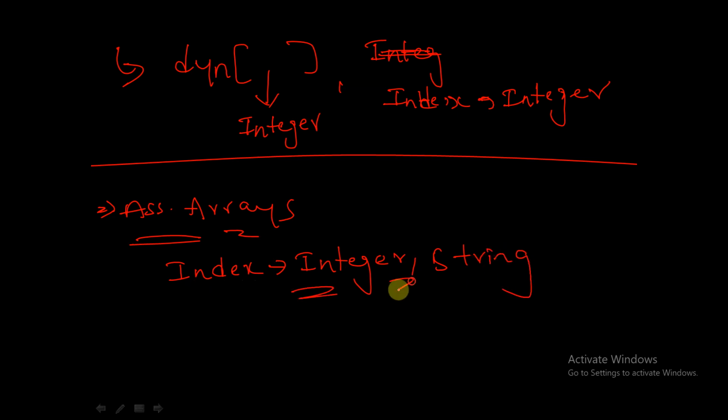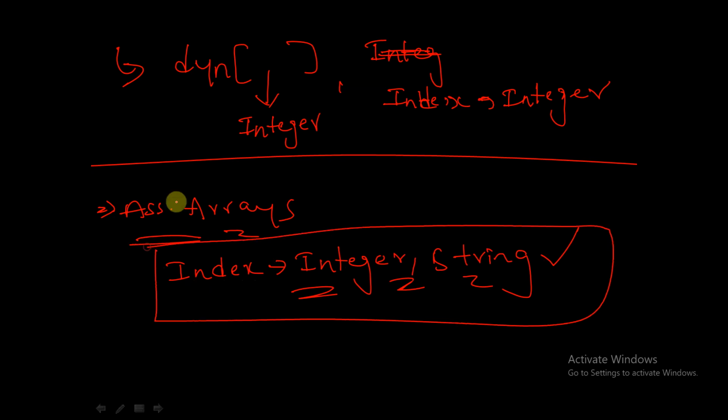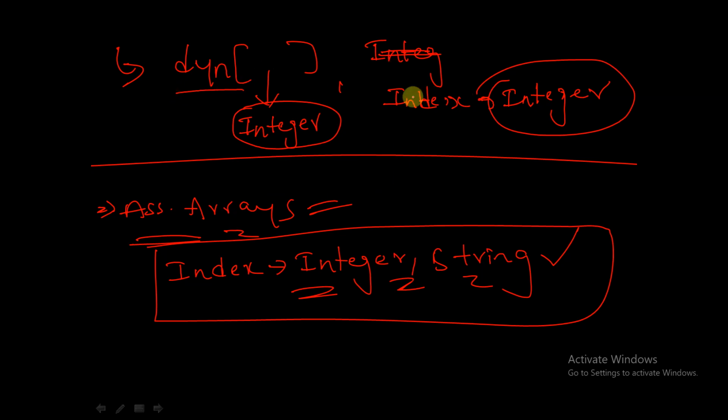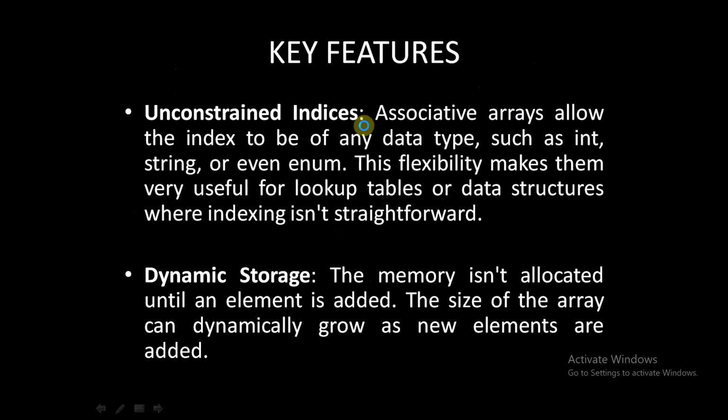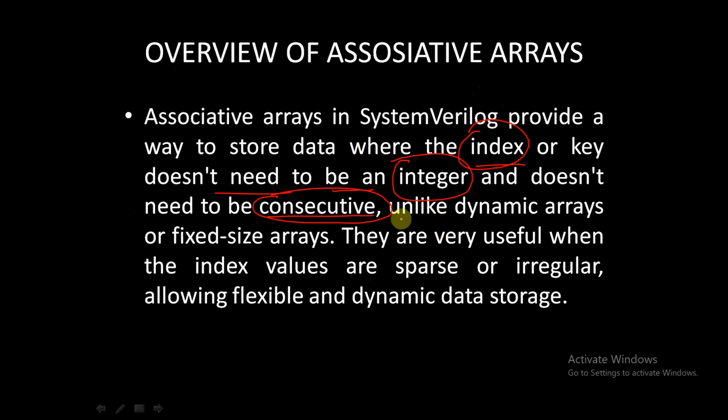So these two possible cases are present in associative arrays, whereas in case of dynamic arrays or fixed size arrays, the index should only be of integer type. So this is the difference between associative arrays and dynamic arrays and fixed arrays. Unlike dynamic arrays or fixed size arrays, they are very useful when the index values are sparse or irregular, allowing flexible and dynamic data storage.